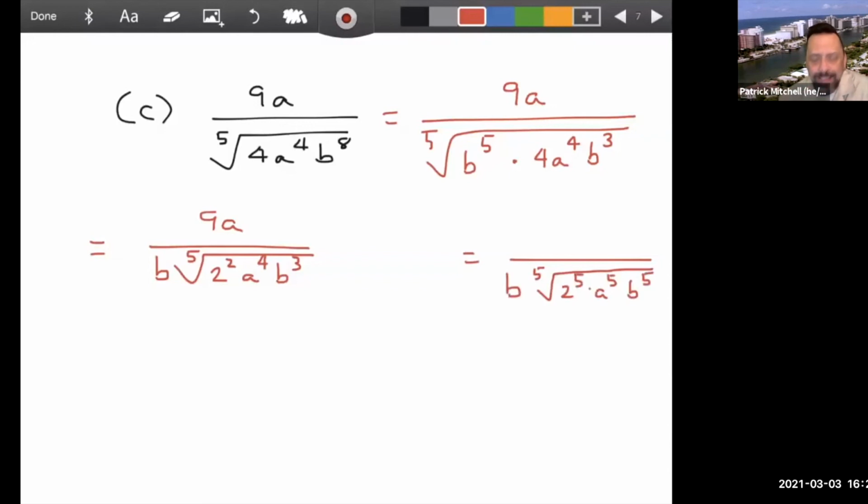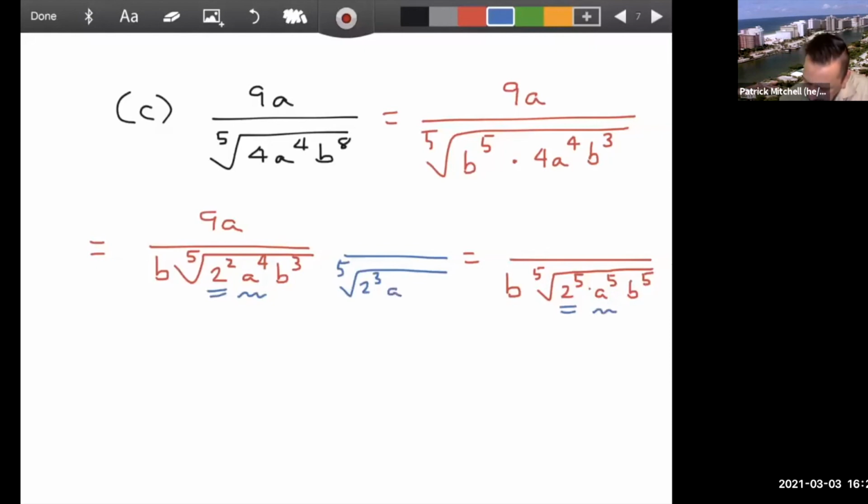All right, so let's look at what do we have and figure out what do we need. We have a 2 squared. We need a 2 to the fifth. That means we're missing 2 to the third. Next, we have a to the fourth. We need a to the fifth, so we're missing an a.